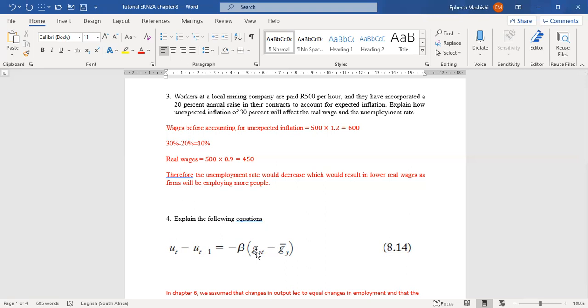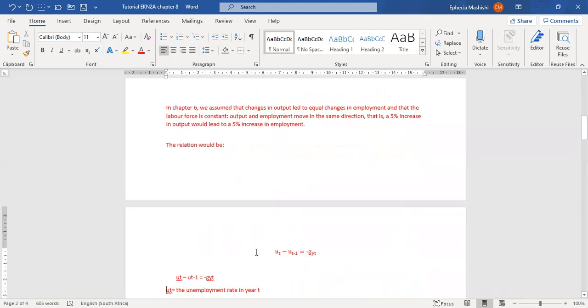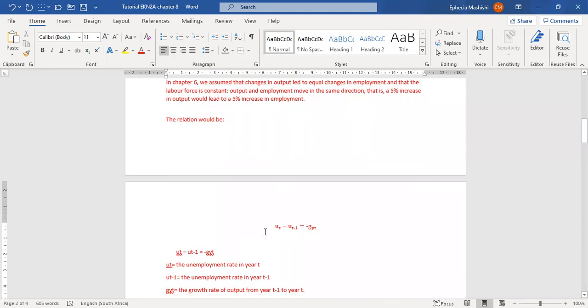In chapter 6, we assumed that changes in output led to equal changes in employment and that the labor force is constant, meaning that output and unemployment move in the same direction. So a 10% increase in output would lead to a 10% increase in employment. And in that case, this would be the relation, okay?